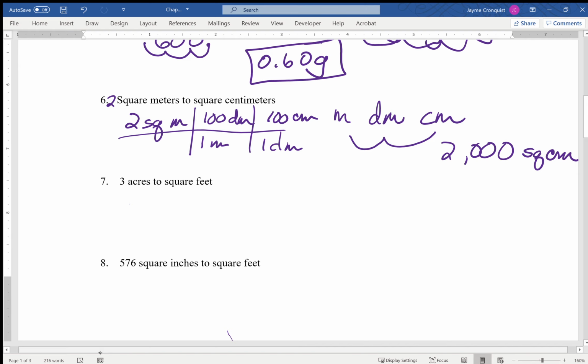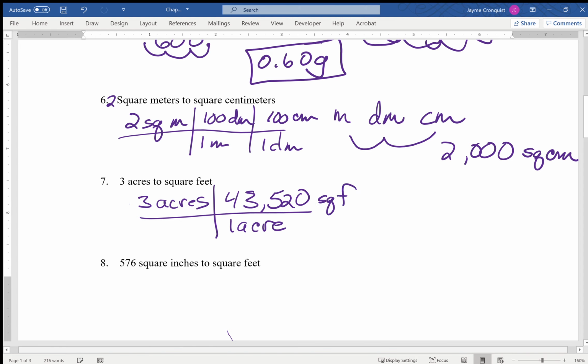All right, 3 acres. Sorry, acres to square feet. We have acres and square feet. So 3 acres to square feet. 1 acre is 43,560 square feet.